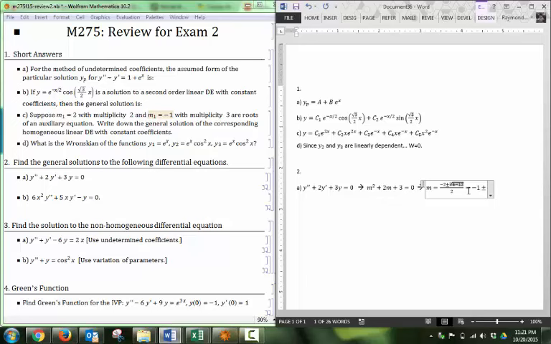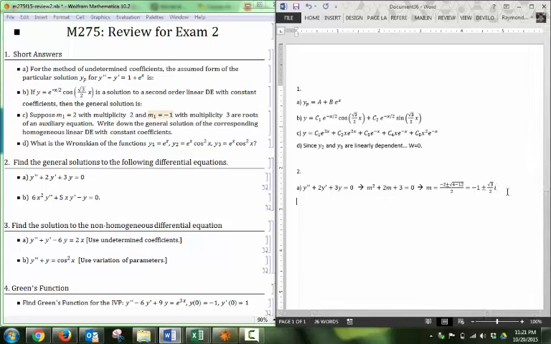So we have the root 3 over 2, so square root of 3 over 2 i, and that is going to be our solution to our auxiliary equation.